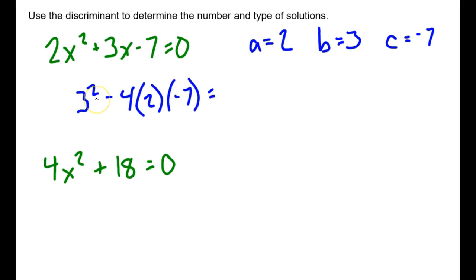So we have 3 squared, which is 9. -4 times 2 is -8. -8 times -7 is a positive 56. So we have 9 plus 56, which is going to be 65. 65 is greater than 0. So since the discriminant is greater than 0, we have 2 solutions, and more specifically, we have 2 real solutions.